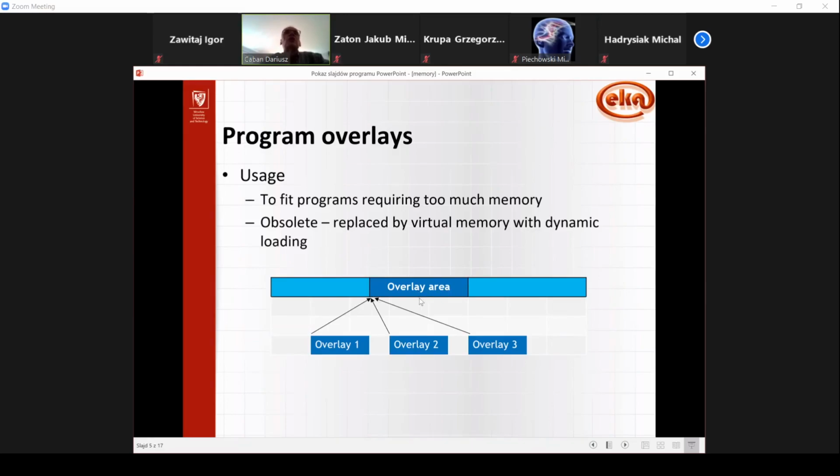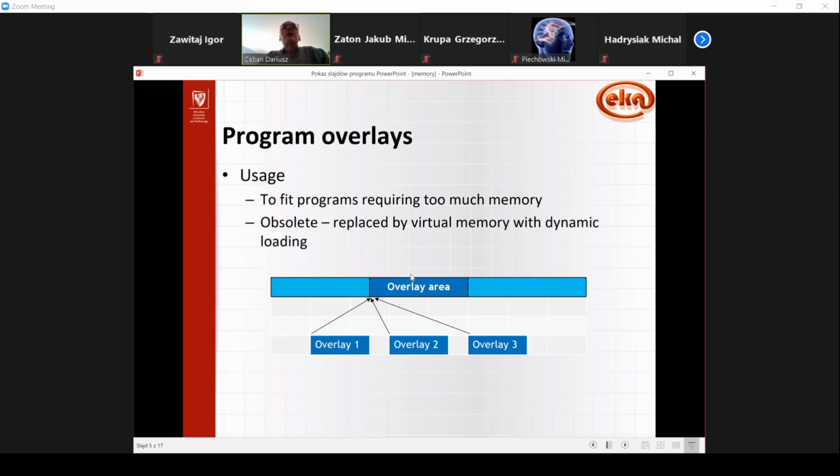just a holding area, which is called the overlay area. Okay, inside the executable, you have different overlays. Each of them can be loaded into the overlay area, but of course only one at a time. So when you run a program and you jump or refer to this overlay area, as part of your executable, there will be standard functions for managing overlays.